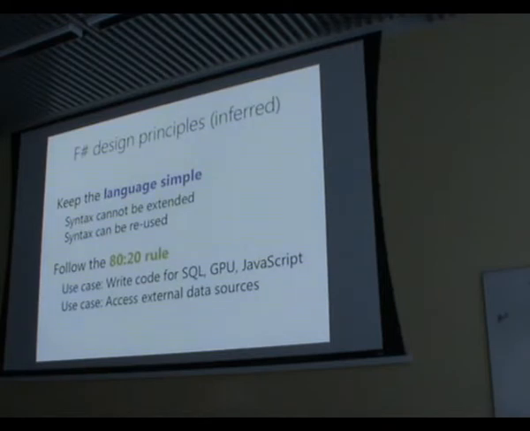The other use case is if you want to use your F# or ML style language to write code to run as SQL or as JavaScript, sort of cross-compile the language. So these two areas are ones that the F# team thinks are important and that they have some mechanism for.